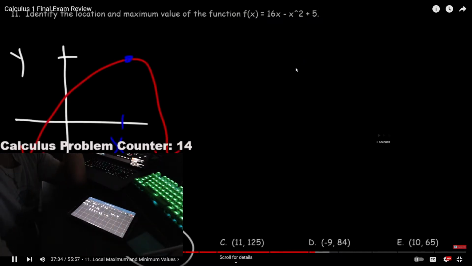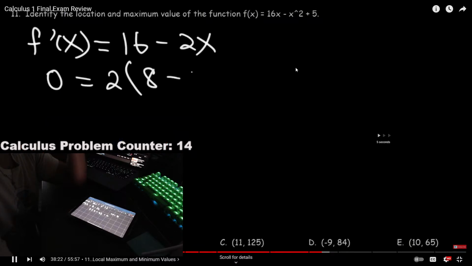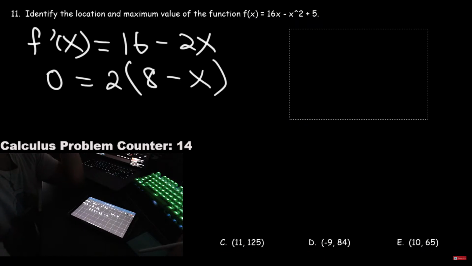Critical point equals 8? And so this is our critical point. If we add x to both sides, x is 8. Okay. So critical point is 8.